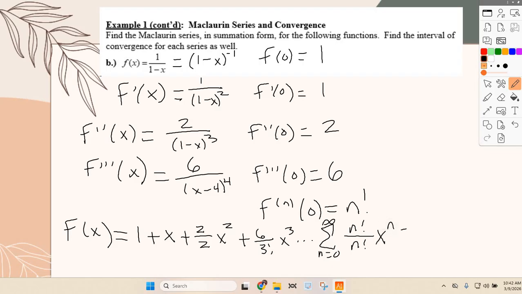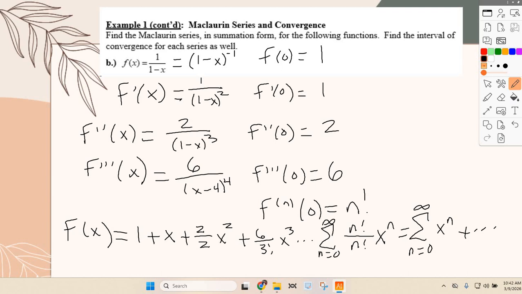So what happens to our n factorials? They reduce. So we just end up with an x to the n, plus dot dot dot. Are we okay with that?